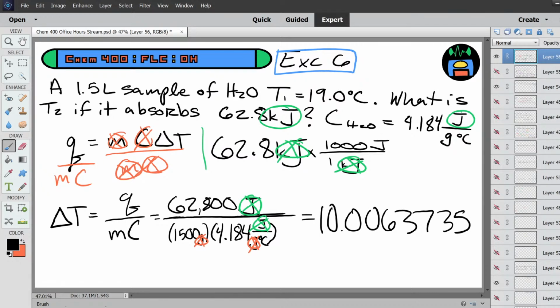We're actually limited to 2 sig figs, right?